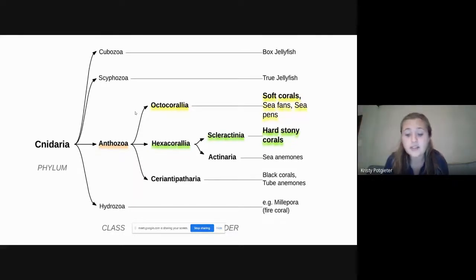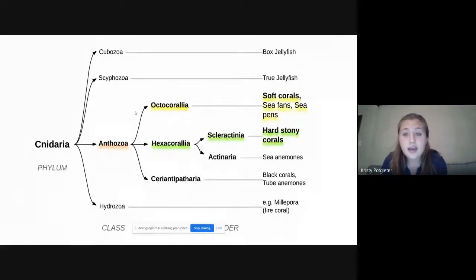Now you'll notice that the phylum Cnidaria contains some other animals, including jellyfish, what we call black corals, and we'll get into some black corals later on, and also fire corals. So the word Cnidaria means stinger because all the members of this phylum have stinging cells or nematocysts.